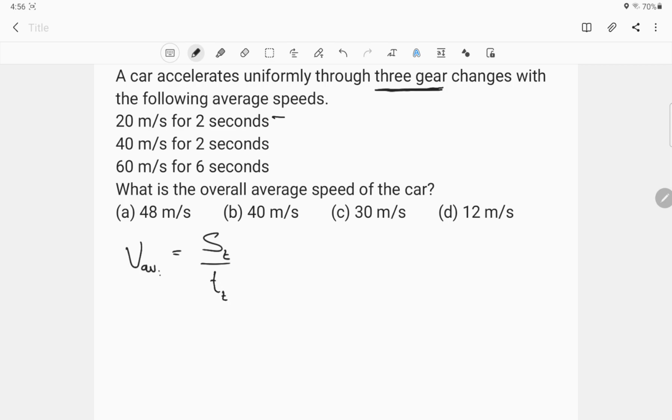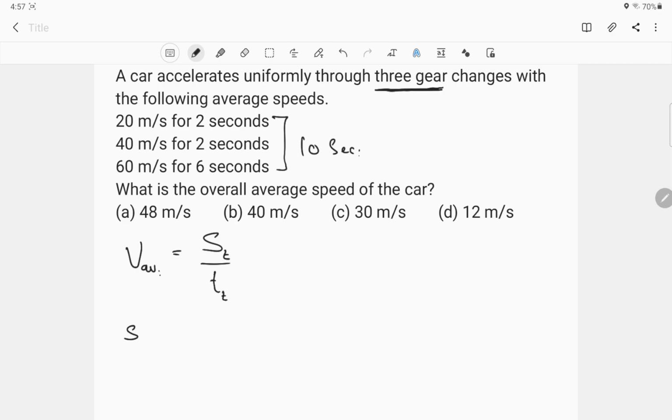Here total time is straight away available, 10 seconds. No need to do long or boring mathematics to find the total time. So time is available, and from the speed and time we can also calculate the distance.